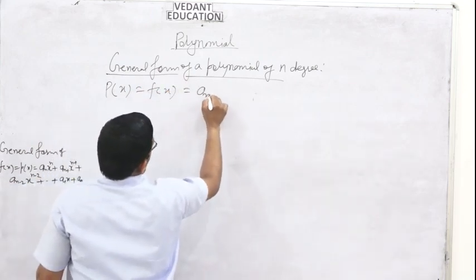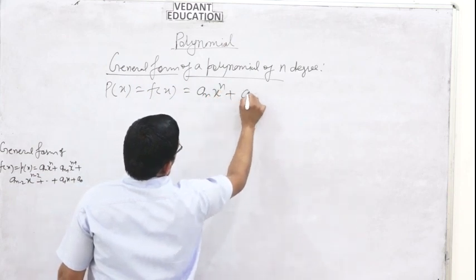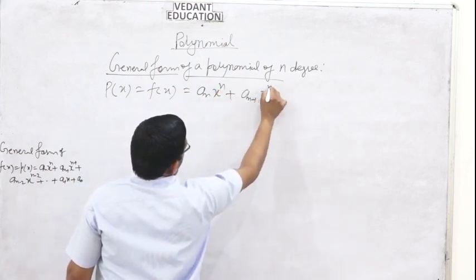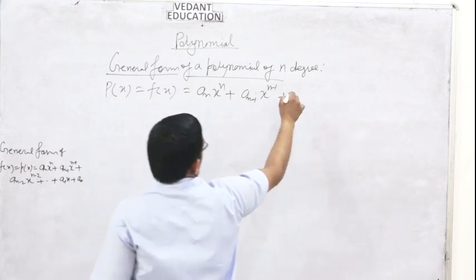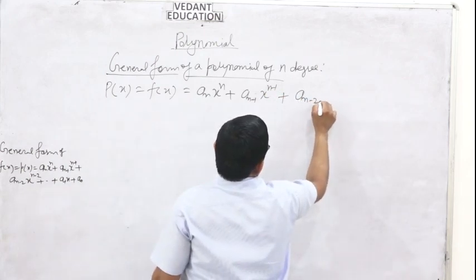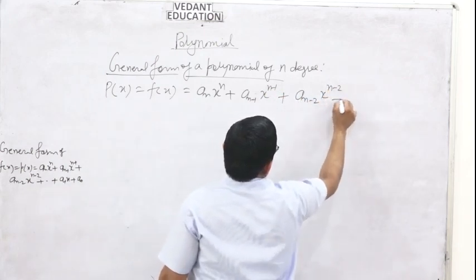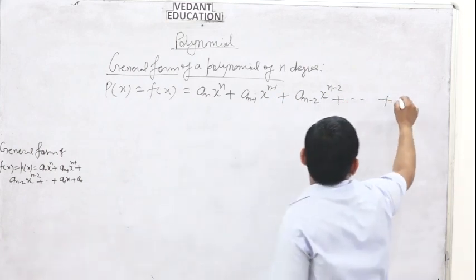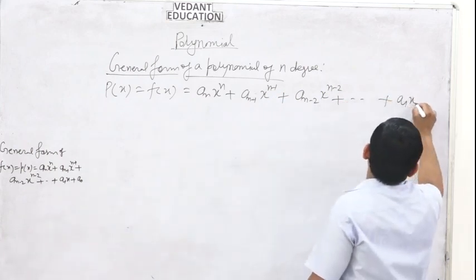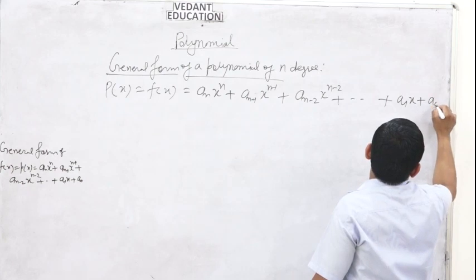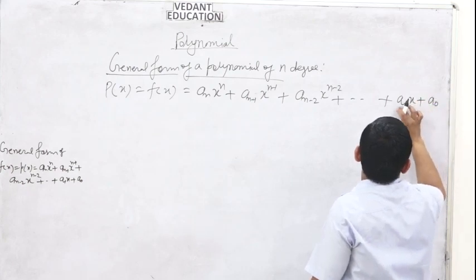So the general form is a n x power n plus a n minus 1 x power n minus 1 plus a n minus 2 x power n minus 2 plus ... plus a1x plus a0.